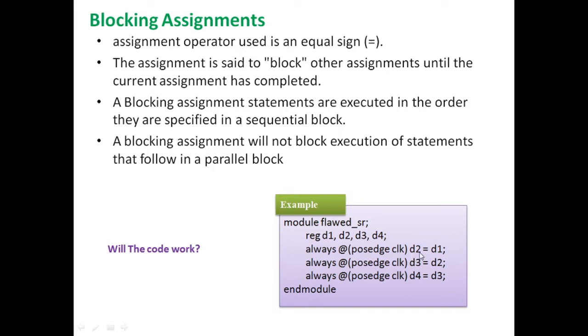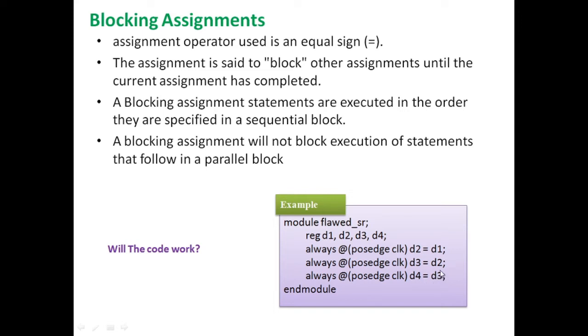So D2 equal to D1. Until its execution is completed, D3 will not get the value. That means I have D1 with some value, D2 will get the value of D1, and immediately the second statement gets executed. After that, the third statement gets executed, that means the D3 value is assigned to D4.